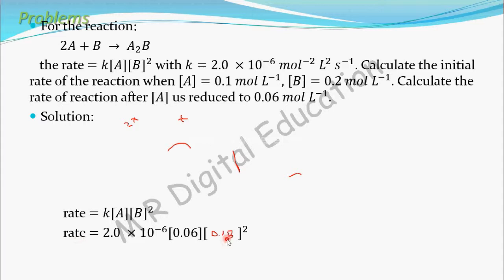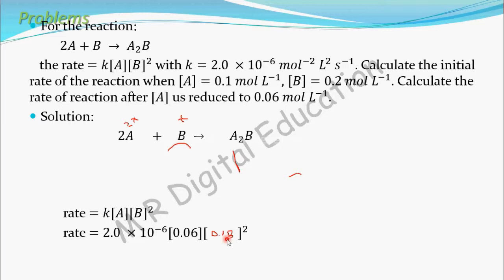Consider the reaction 2A + B gives A2B. See what is happening in this reaction. Understand, 2 moles of A and 1 mole of B are reacting to give 1 mole of A2B as product.